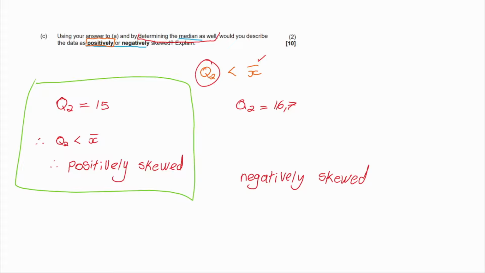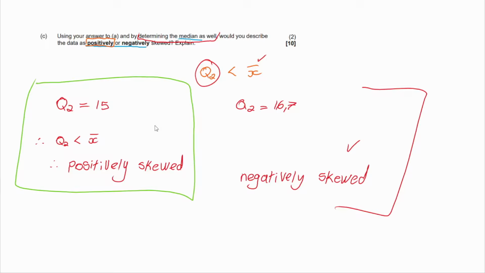So I think what that means is the memo is not exactly final. There are other options that they might have marked correctly. As long as you read off your ogive correctly, I think they will mark this right. I'm not an IEB marker, but I think they will. I just wanted to talk about this because it has come up before, and it's just something to keep an eye out for.